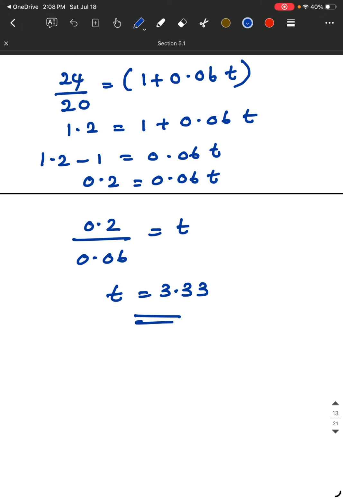The time would be 3 years and 1/3 year, that means 3 years and 4 months.